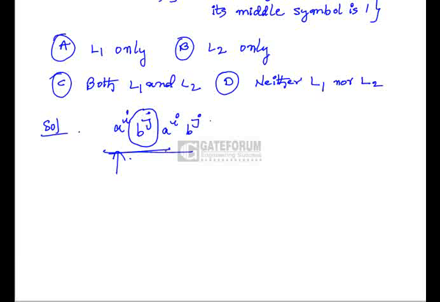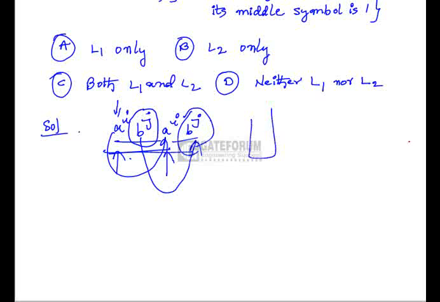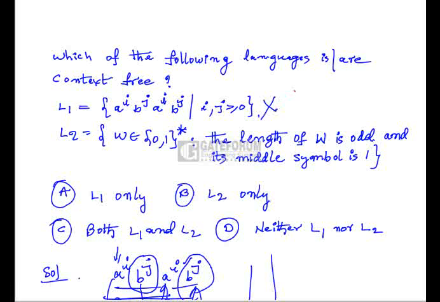But the number of a's after the b's must be equal to the first a's, that is i number of a's. We can pop those a's, but the same number of b's we cannot bypass. Here two counts we have to maintain equally. So this number of a's must be equal to the earlier number of a's, and the number of b's must be equal to the number of b's. So two counts we can't maintain equality using a single stack. So L1 is not a CFL. We cannot construct a pushdown automata for the language L1.